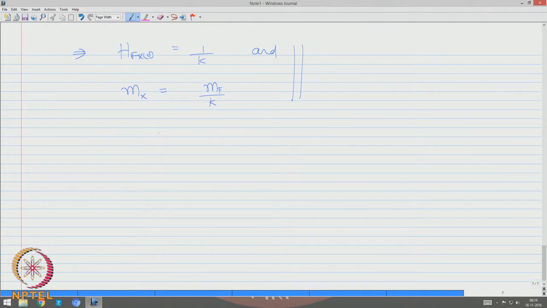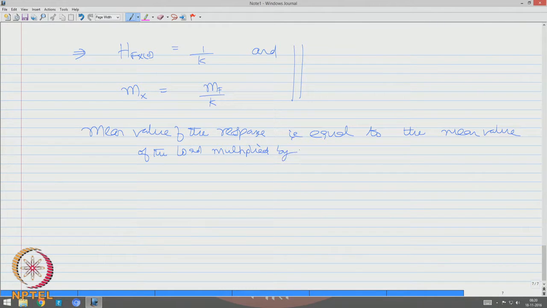Therefore, we can say the mean value of the response is equal to the mean value of the load multiplied by the system response to any given static load of its unit size or unit amplitude.